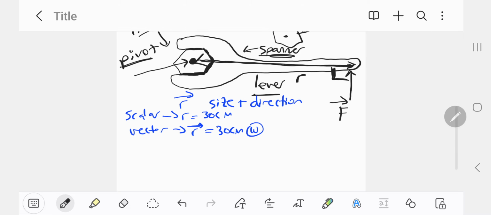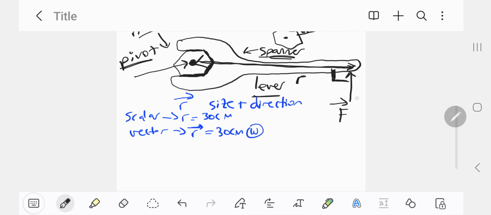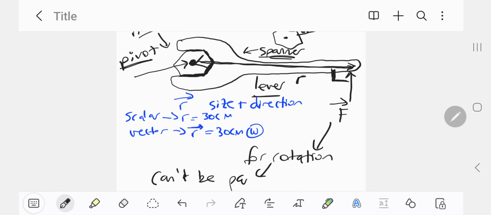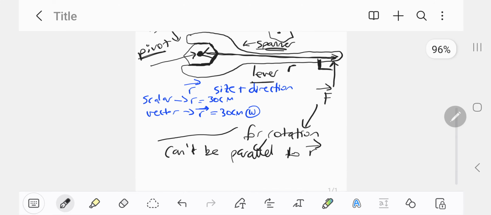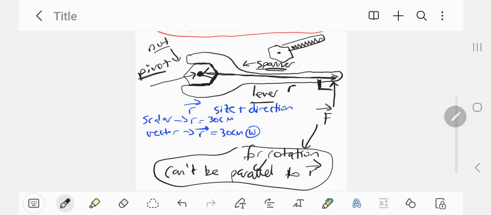So I should say the applied force, in order to cause rotation, can't be parallel to the lever vector r with an arrow on top. This is very important. And if you think about it logically, it really makes sense. If I apply a force coming in parallel to r, it's not going to cause rotation.